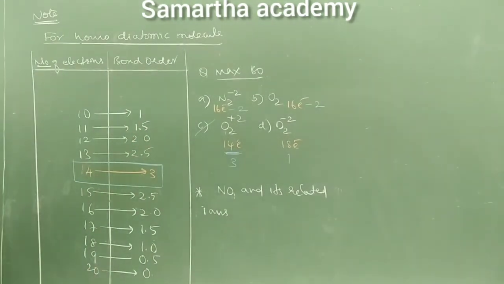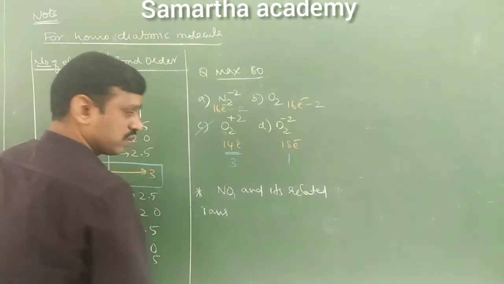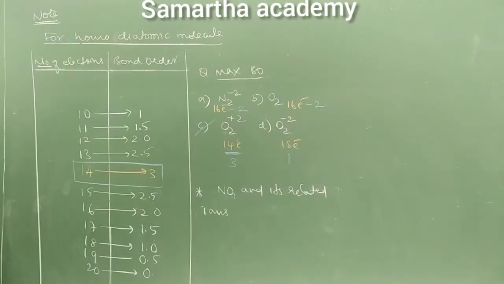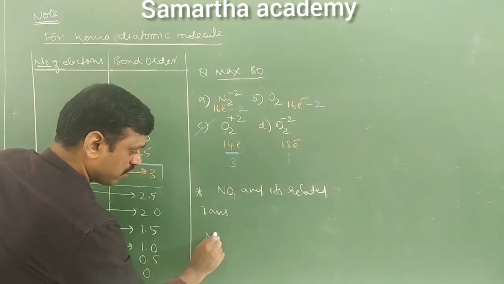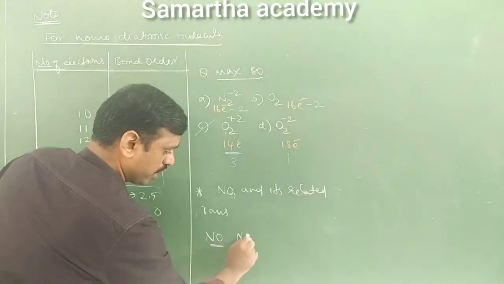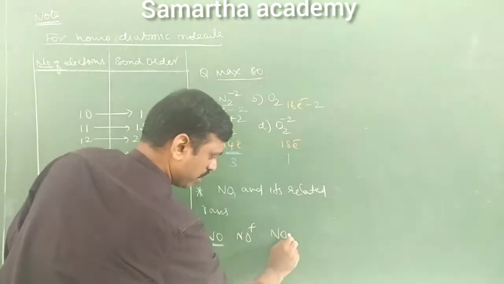NO and its related ions' molecular electronic configuration is written based on 14 electron sequence. Okay. It means, suppose if I ask the question, what is the electronic configuration of NO molecule, or NO plus 2, or NO minus, etc.